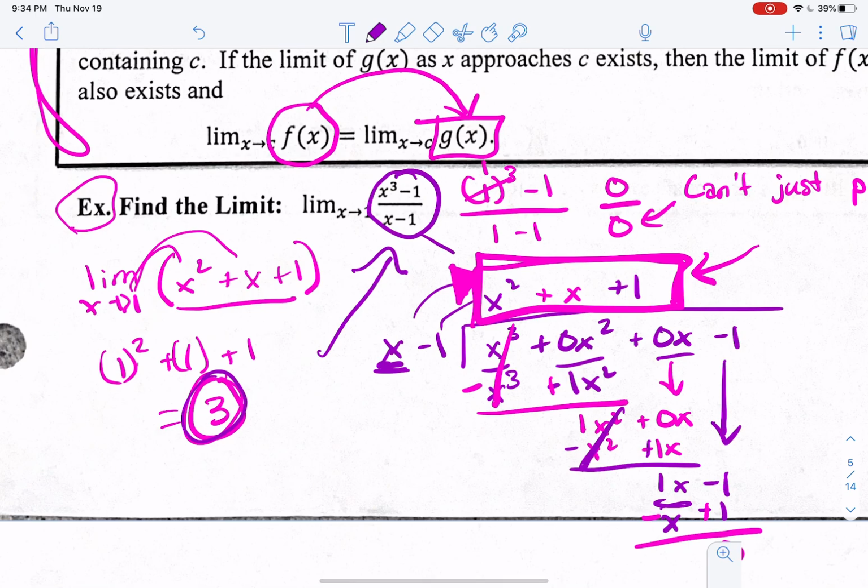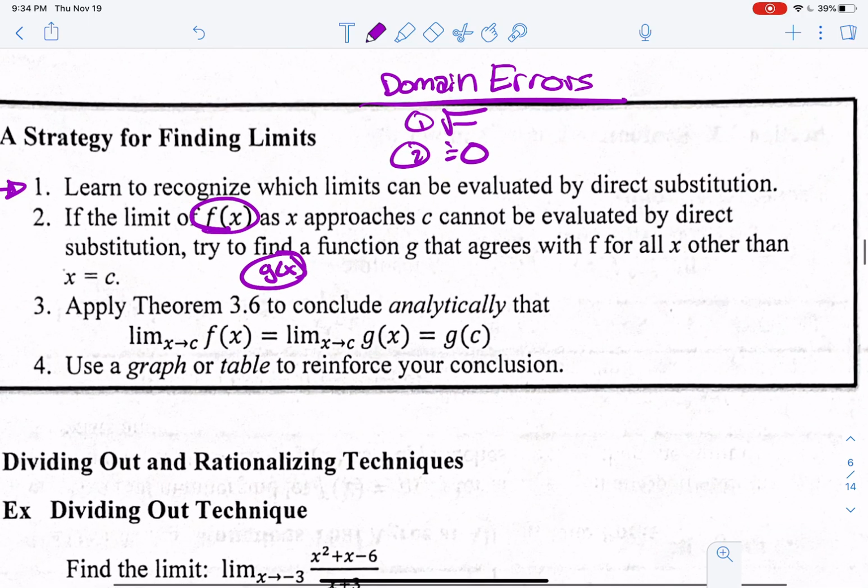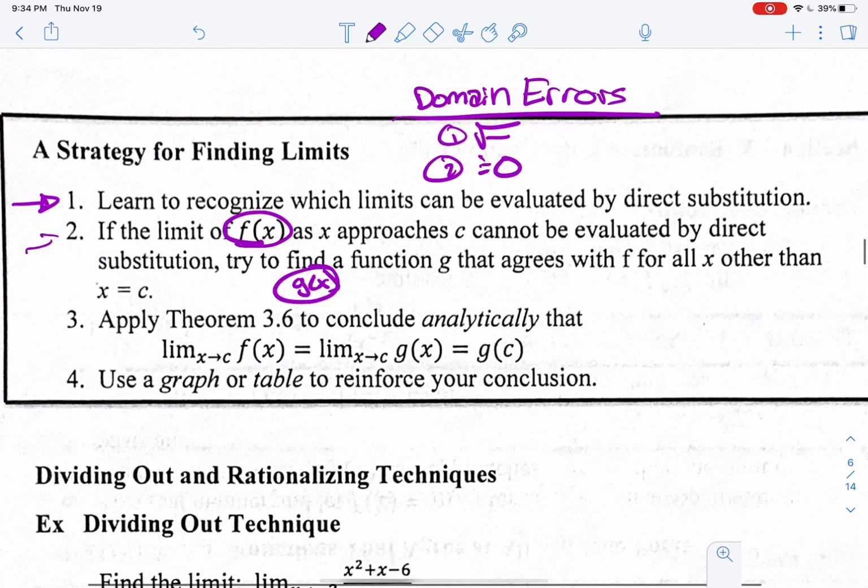What we did was we used long division to change it to this function, which we call g of x, and then we evaluate the limit of g of x. So we're just dividing out. Number 2, if the limit of f of x as x approaches c cannot be evaluated, try to find a function g that agrees with f for all other values, like dividing that out, and then substituting that in.